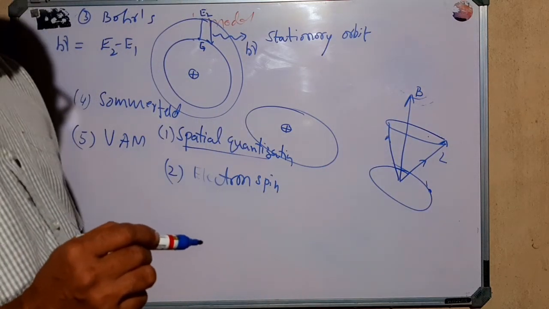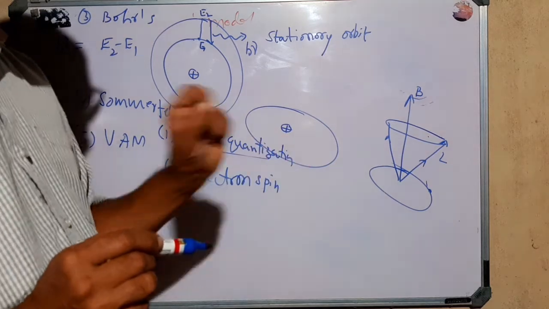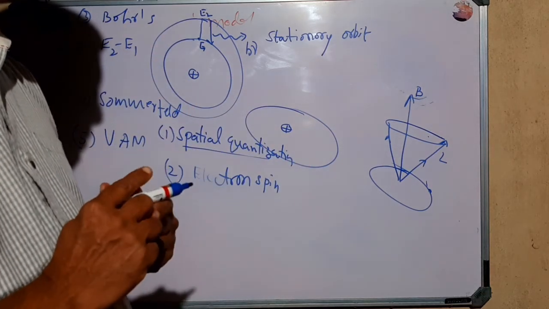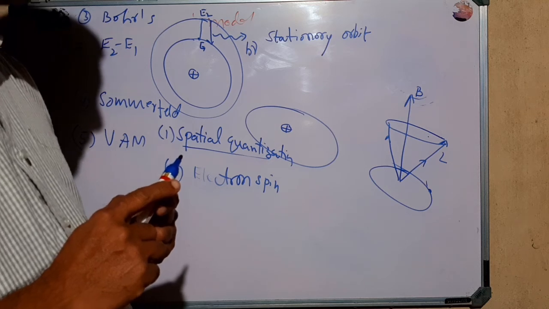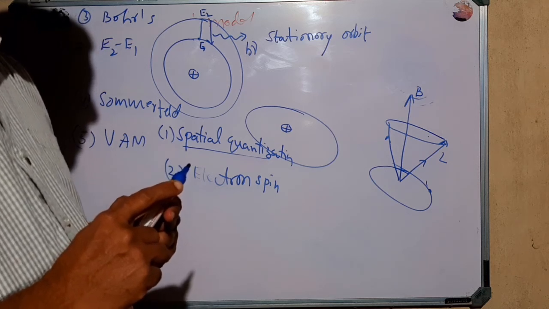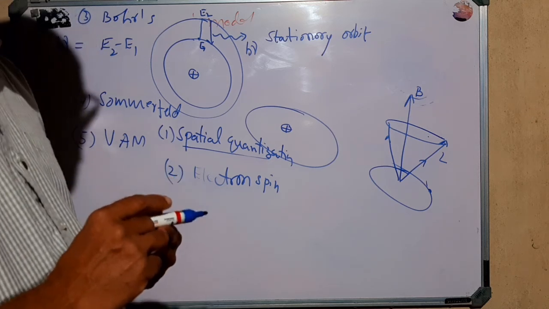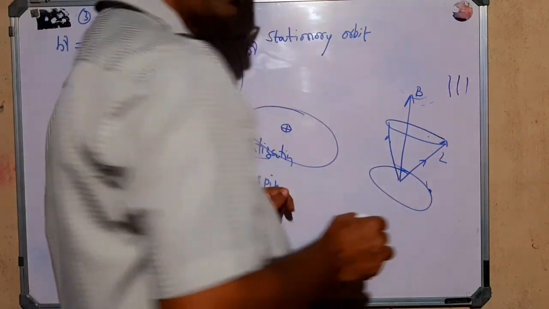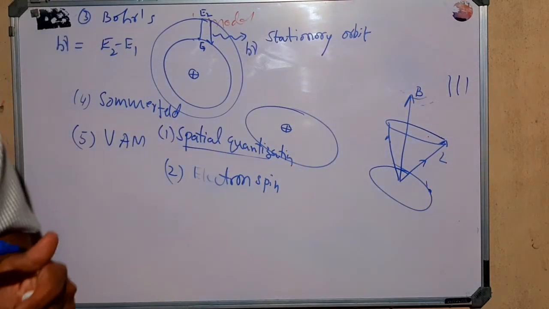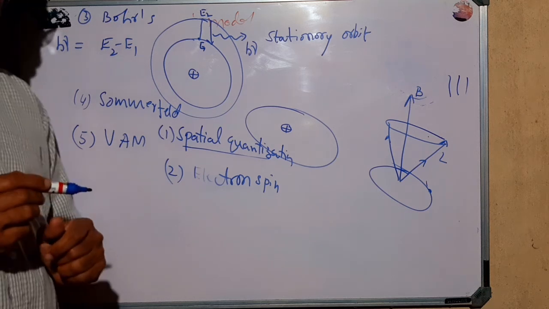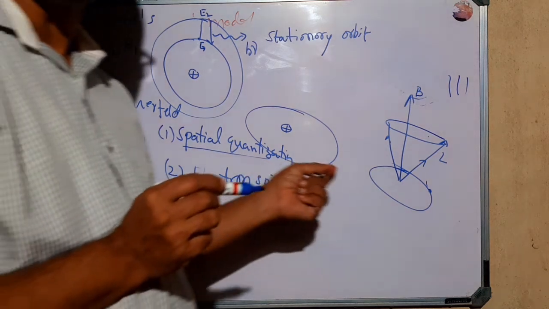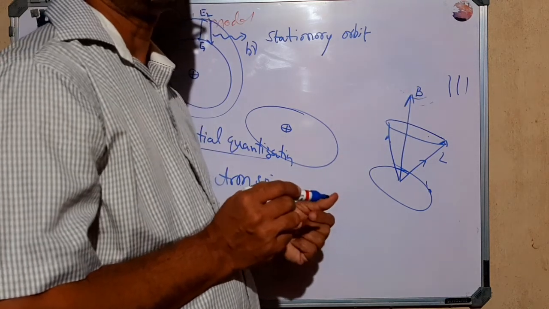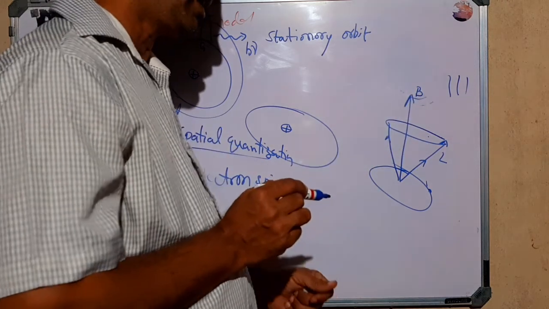But the question arises, if there are n number of inclinations of the angular momentum vector, can we get n number of spectral lines? The answer is no. As you know, in the Zeeman effect experiment, a single spectral line is split into two or three spectral lines.